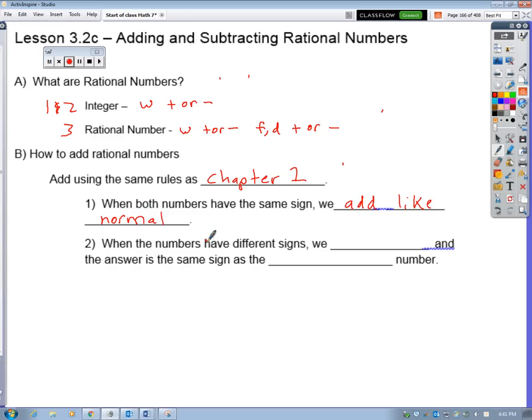And when the numbers have different signs, we subtract. Same rules as Chapter 1. And the answer is the same sign as the bigger number. Now remember, when I talk about bigger number, I'm talking about absolute value, how far a number is away from 0. Okay, let's take a look at some of these and we'll start working these out.